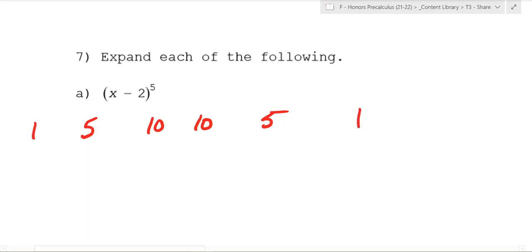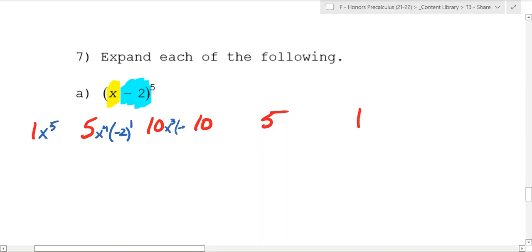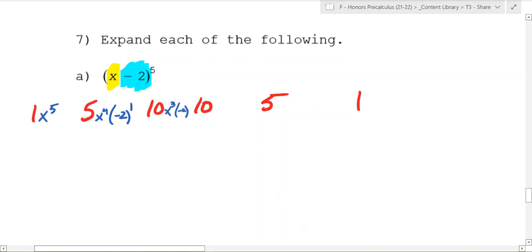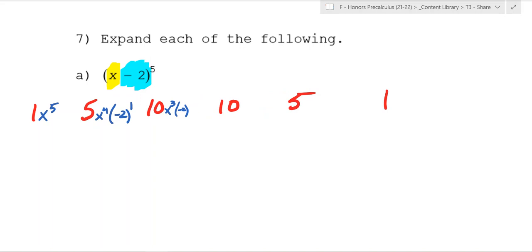And then in this case, a is going to be x, and b in this case is going to be negative 2. So it's going to be x to the 5th right here, and the next term will be x to the 4th times this term to the first power, and then the next one's going to be x to the 3rd times negative 2 to the 2nd power right here.